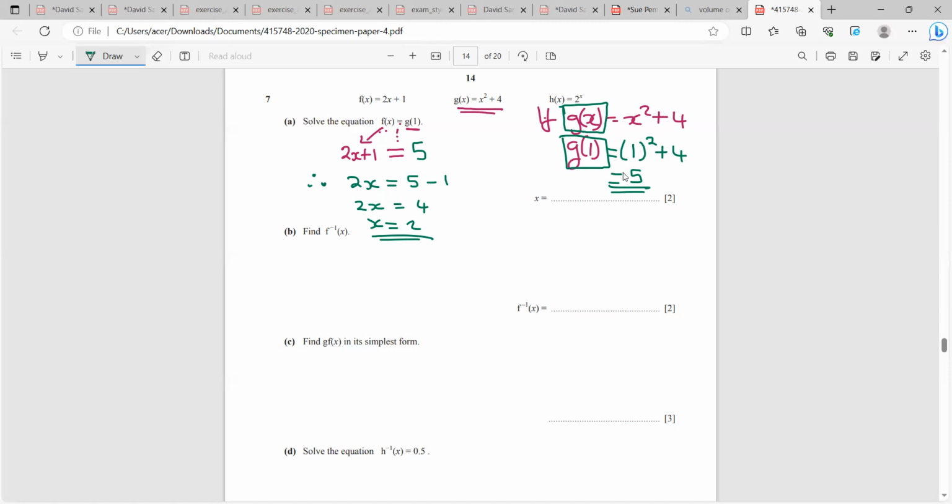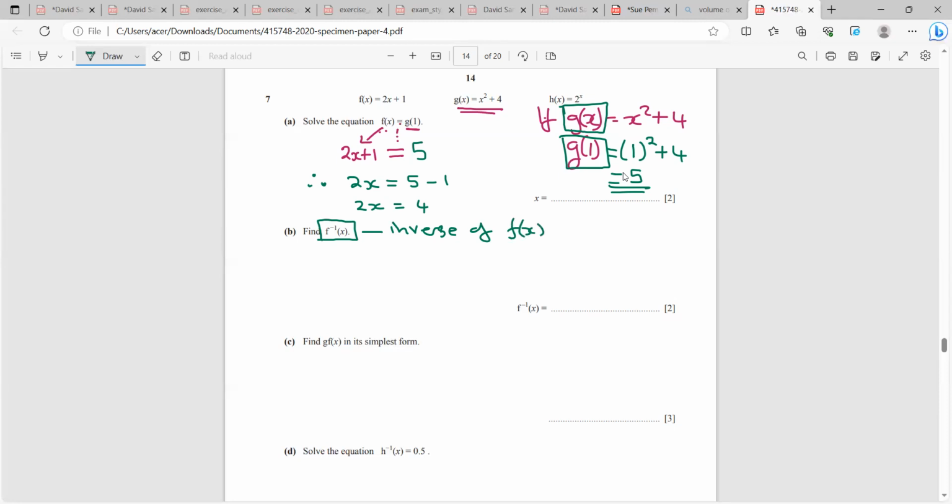Now let's move on. I'm just going to erase this so that we get more space. f to the power of minus 1 of x. This means we need to find the inverse of f of x.